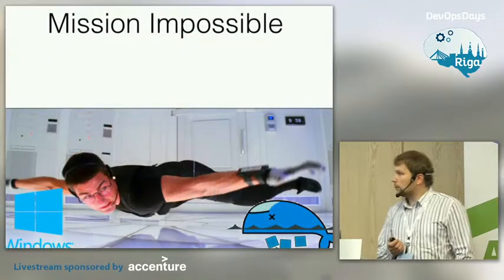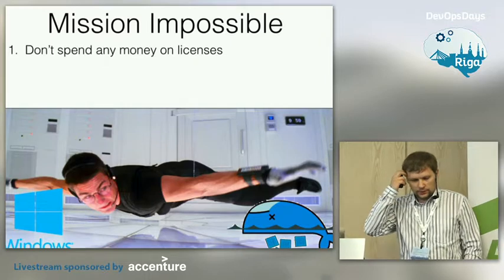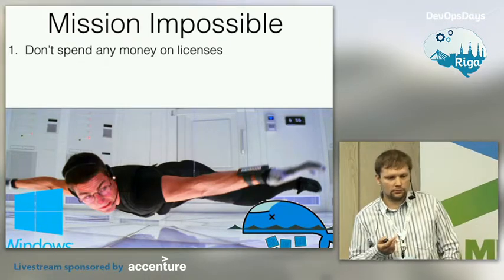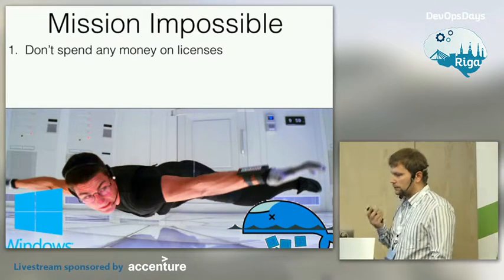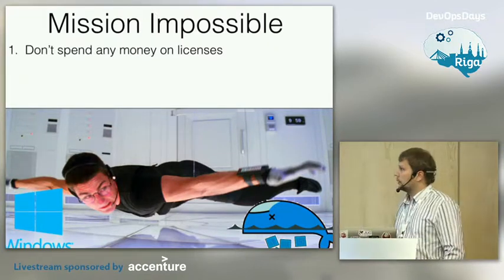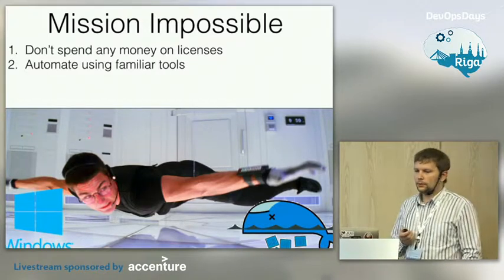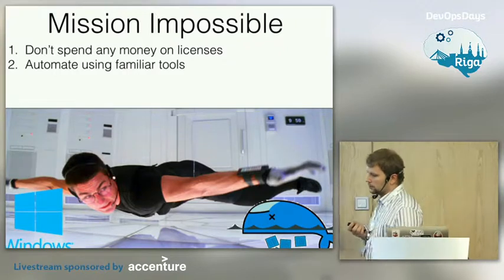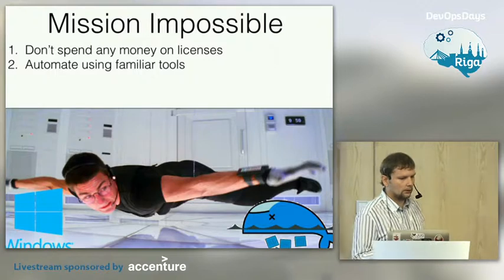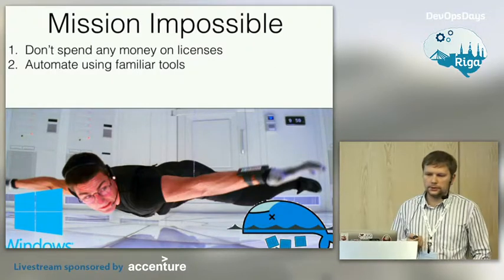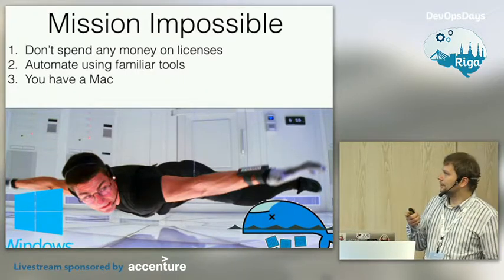And so our mission impossible: we have to install a Java application on Windows in a DevOps way with all DevOps practices. We cannot spend any money on licenses, right? We should automate using familiar tools because otherwise we'll waste a lot of time installing Visual Studio and learning C# or anything like that. So you have a Mac, okay?